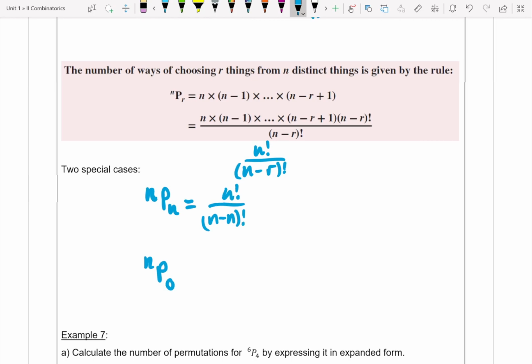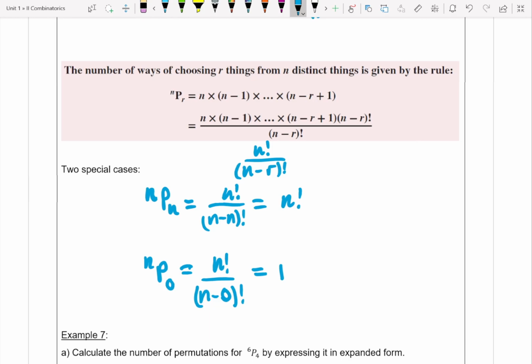That's 0 factorial, which we know is 1, so that's just equal to n factorial. And then nP0, we're going to have n factorial over n take 0 factorial, which is going to be 1, which makes sense. There's only one way that you can choose no things, and that's by choosing no things.